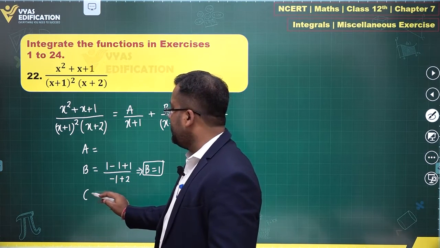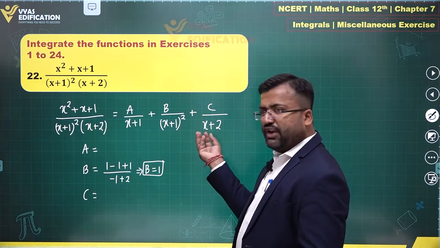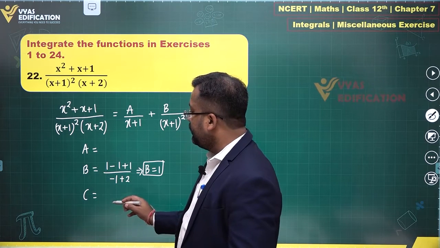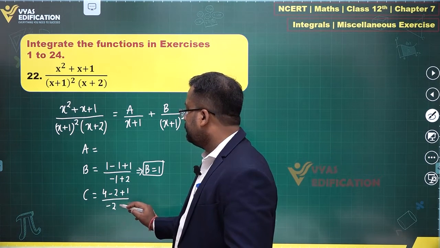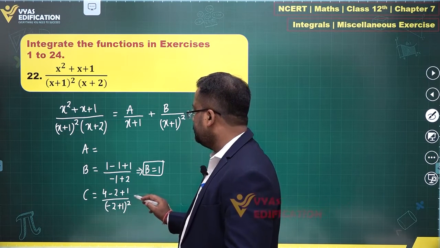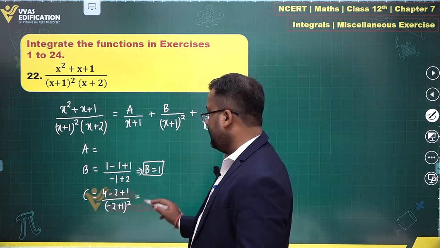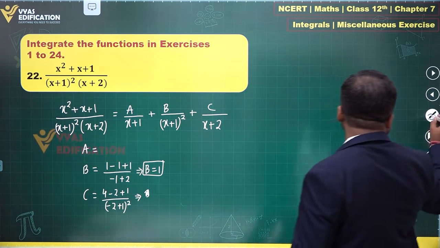What about c? C can also be found directly by multiplying throughout with (x plus 2) and putting x equal to minus 2. So this becomes 0, this goes away. Putting x equal to minus 2, this becomes 4 minus 2 plus 1. What is that? 3 upon 1, which gives me c equals 3.